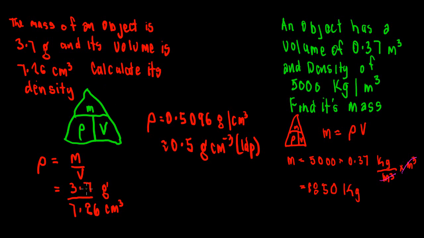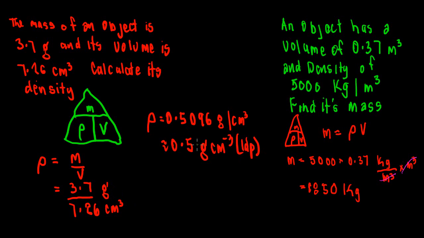We've got 3.7 as our mass, in grams, and 7.26 as the volume, in centimeters cubed. So P is going to be equal to 0.5096. That's just 3.7 divided by 7.26, and from here we can see it's grams per cubic centimeter.